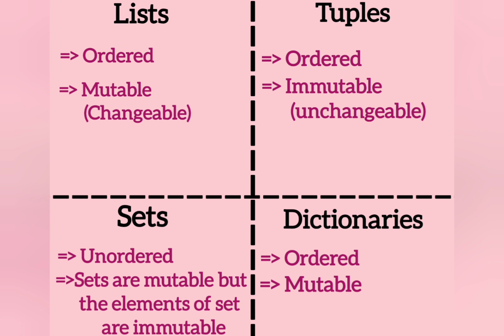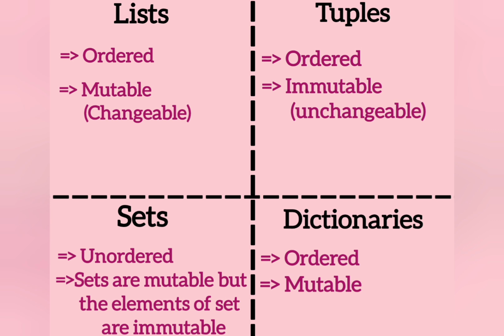Tuples are immutable, we can't change a tuple anywhere. Whatever we try, we can't change a tuple or the elements of the tuple. Now when we talk about sets, sets are mutable but the elements are immutable. We can't change an element of the set, but we can change the set.